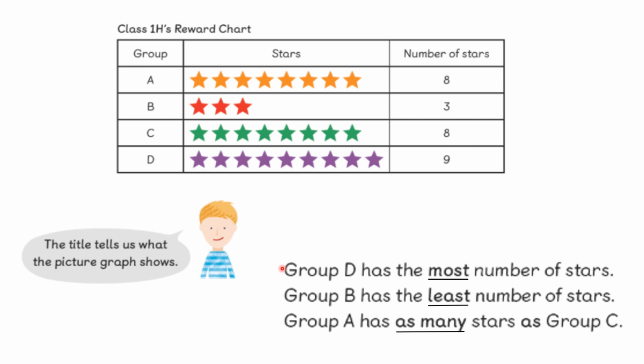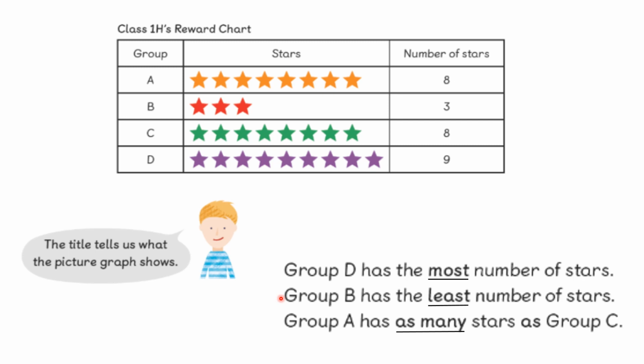For example, we can see that Group D has the most number of stars. Before we even count those stars or look at the numbers over here, we can see just by looking at the picture graph that Group D has the most. We can also see very easily that Group B has the least number of stars, or the fewest stars.